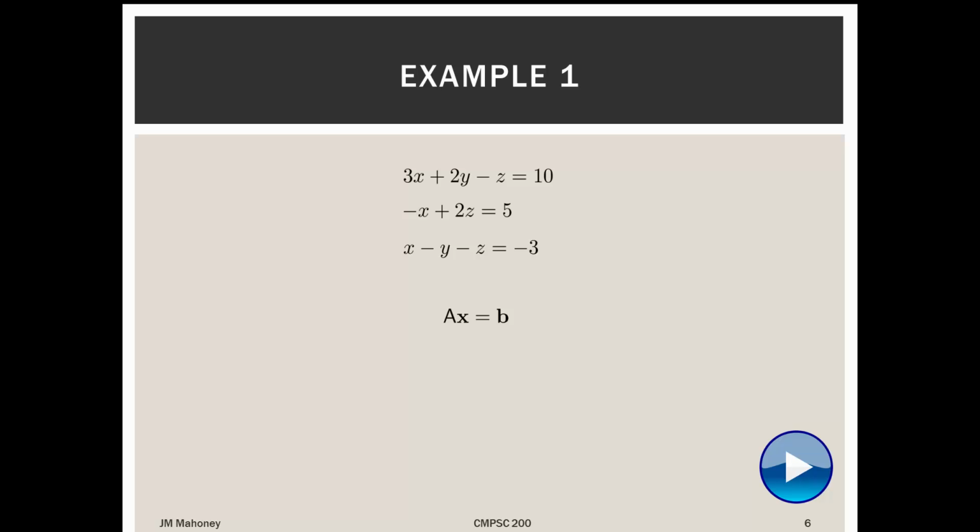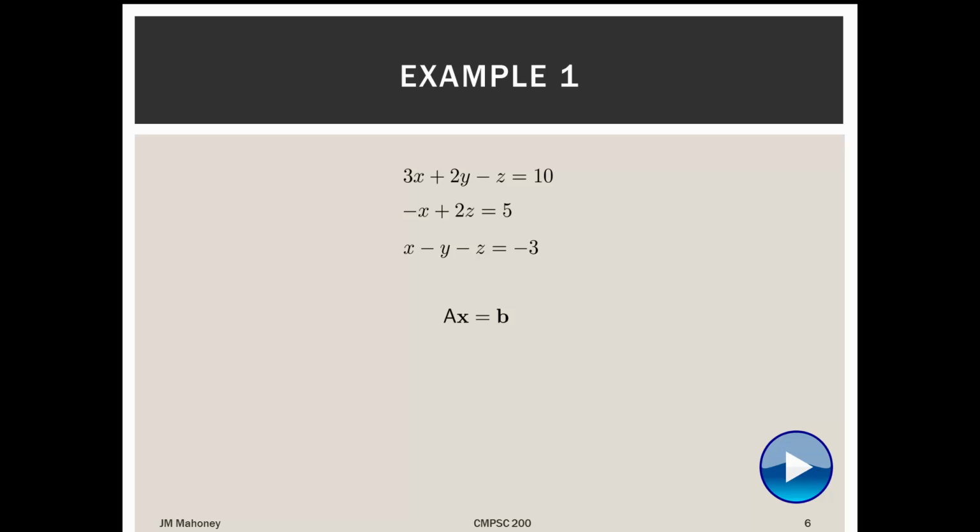The right-hand side of no equation contains a variable, and the left-hand side contains no constant by itself. The coefficients in front of the x, y, z terms are okay, but there's no constant term alone on the left-hand side. So the work is already done for us here. It's in the proper format that we want before we take this into matrix form.